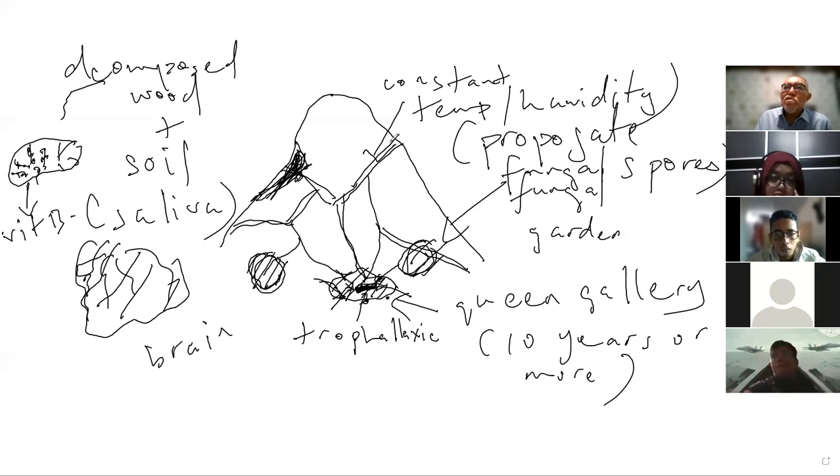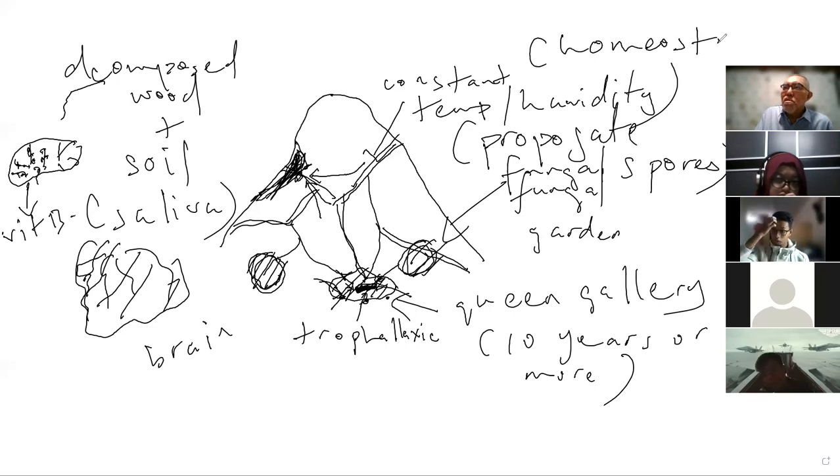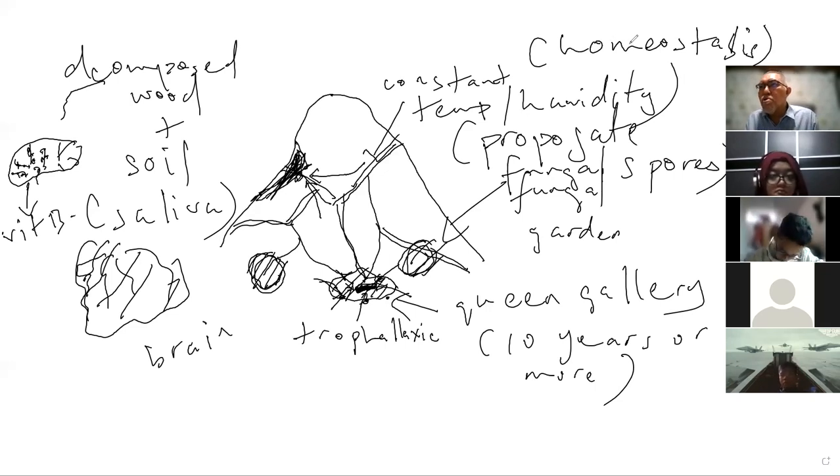So that leads to a change in temperature and also humidity, which leads the workers to hurry and start to man this place. So it is called homeostasis. Sorry for the spelling. Homeostasis.